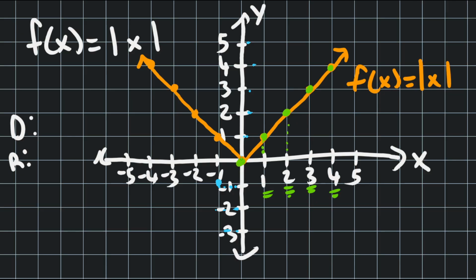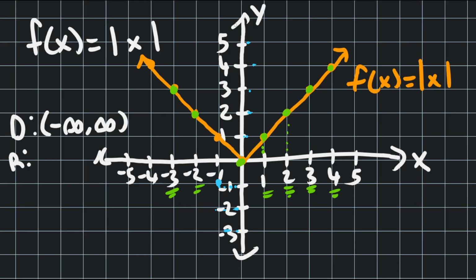X is 0, there's a place right there, so that's fine. And all the negative numbers as well. X equals negative 2, there's a place right there. X is negative 3, there's a place right there, and so on. All the negative numbers as well. So, in other words, the domain is all real numbers. So negative infinity to positive infinity.